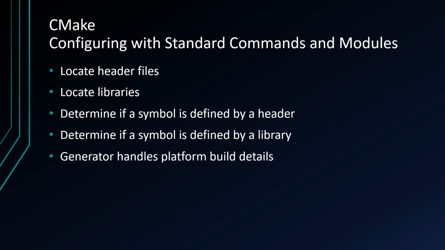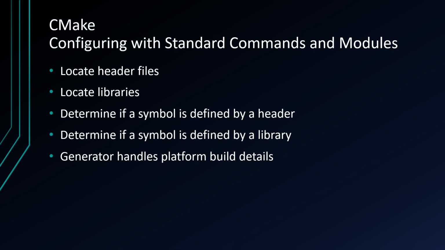And using standard commands and modules, you can do the same kinds of tasks: locate where header files live, locate where libraries live, determine if a symbol is defined by a header, determine if that could be a macro, or it could be a declaration, a function declaration, it could be a variable declaration. Determine if a symbol is defined by a library. So not just whether or not the thing exists when you include a header, but whether or not you can get that symbol by linking against a particular library.